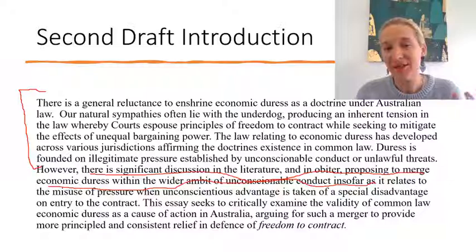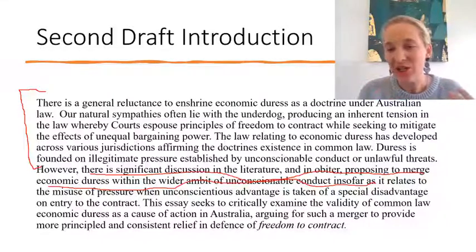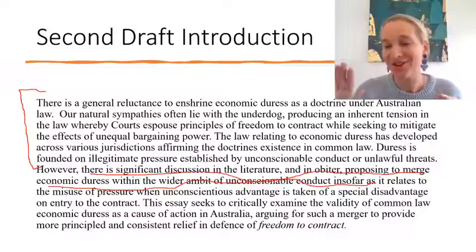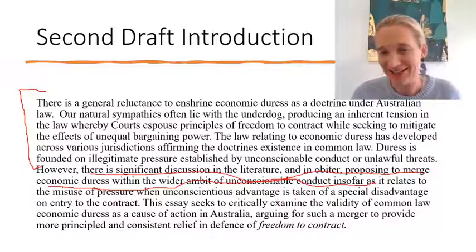They're telling us that they're going to be discussing duress and the need for it in relation to another doctrine over here. So that already tells me more about the scope and the potential arguments to come in this paper than what the previous introduction did. So I'm really glad that the student added this additional clarity.